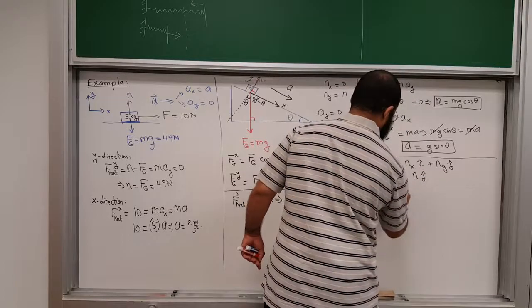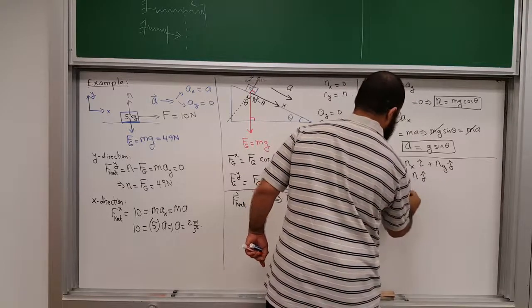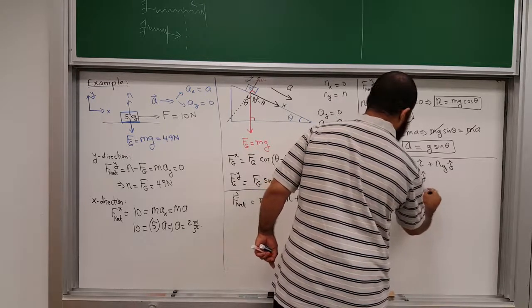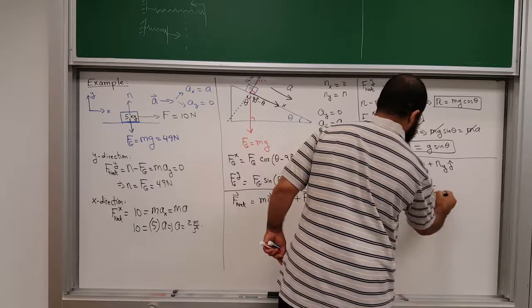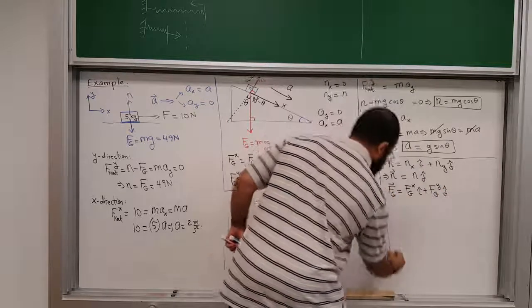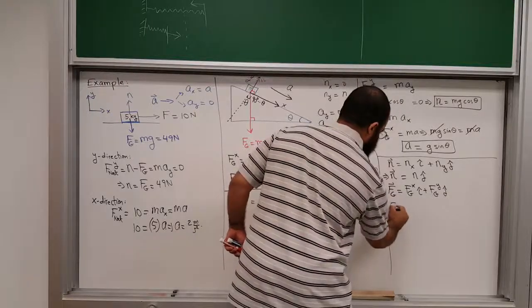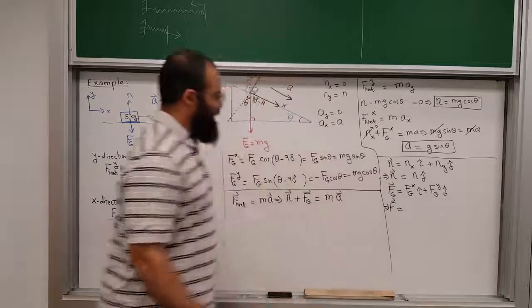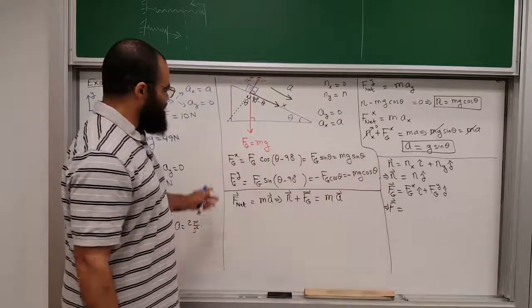And the force of gravity will be the x component of the force of gravity i hat plus the y component of the force of gravity j hat. And so that means the force of gravity in the x direction, what did we say?